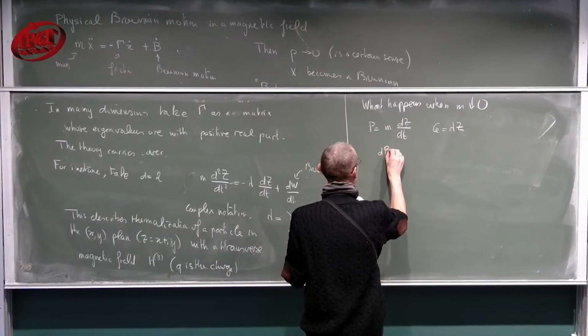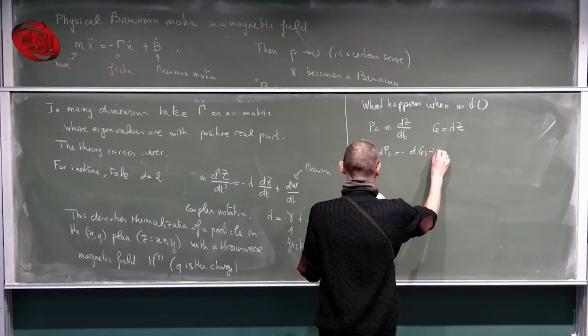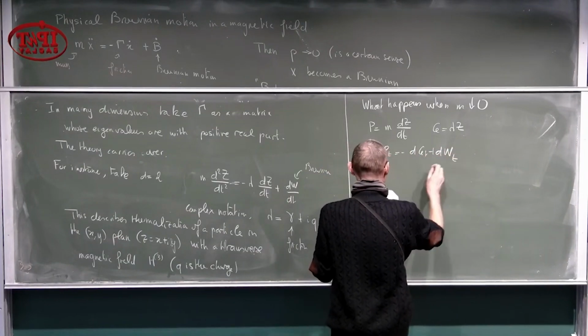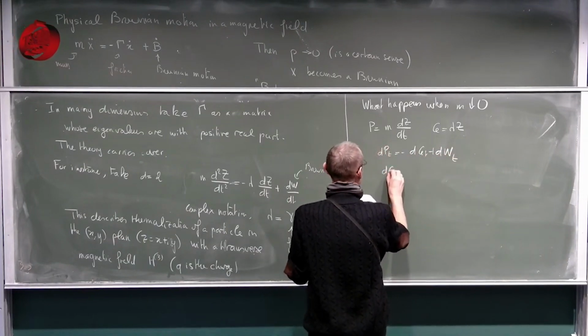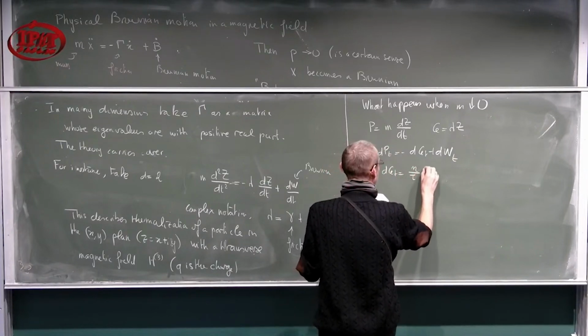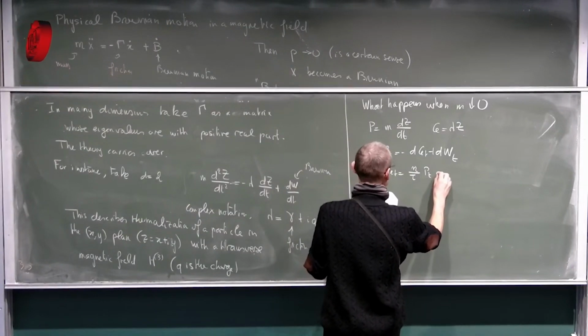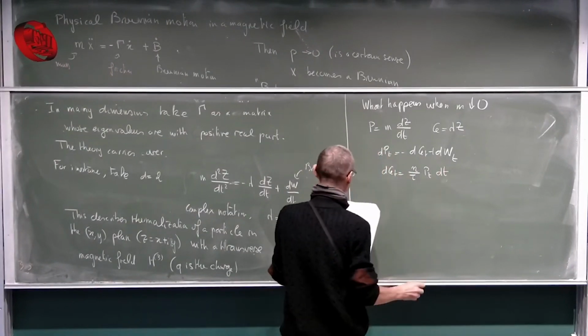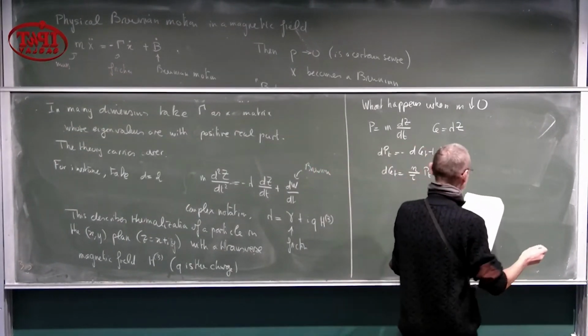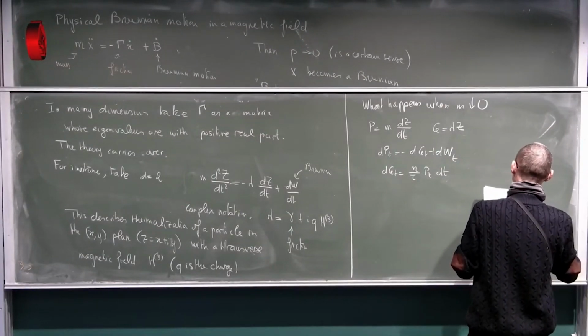So I have dP_t is equal to minus dQ_t plus dW_t, and dQ_t is equal to eta divided by tau P_t dt, and I have made a small change of notation.